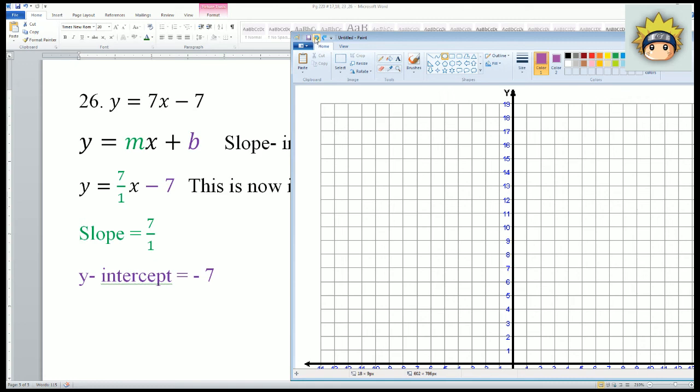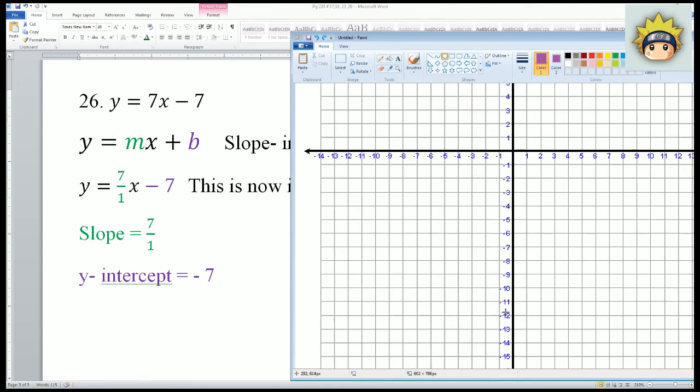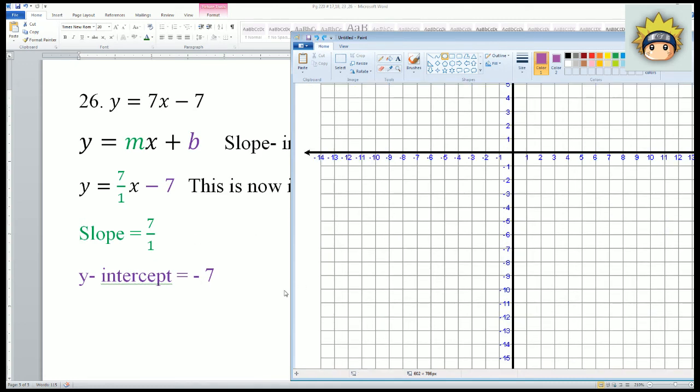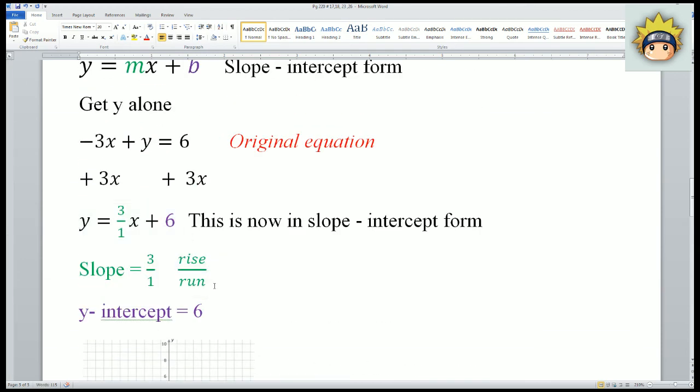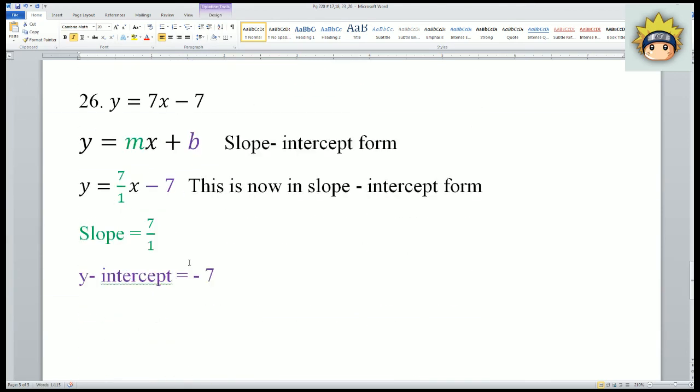I'm going to start here at my negative 7, so I go down to negative 7 right here. Put that dot there. Let me copy the slope here for you so you can see what I'm doing.